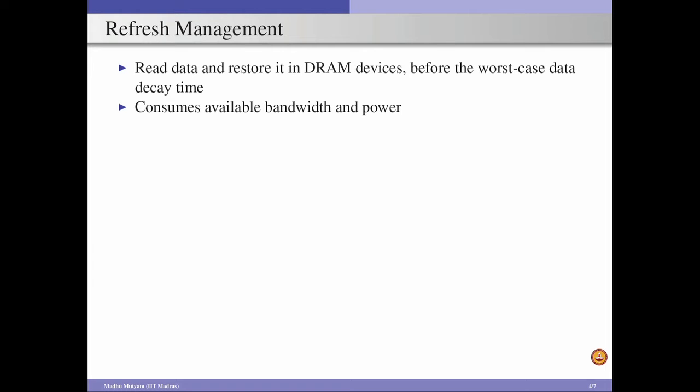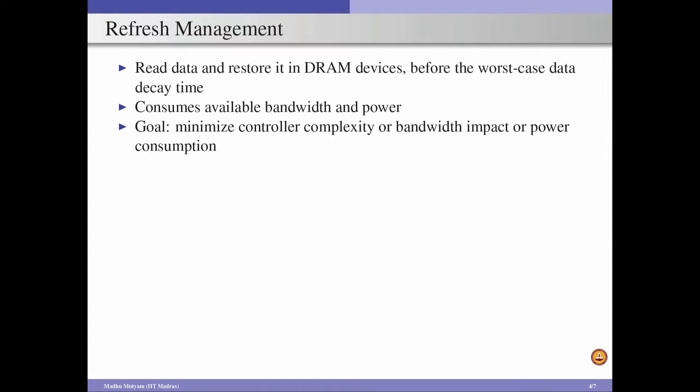So as a result, the refresh mechanism is an important thing to deal with, and we need to come up with an efficient mechanism to minimize the overheads associated with this bandwidth loss and the power consumption. In order to minimize the impact of the refresh on the bandwidth or the power consumption, or in order to come up with a simple memory controller design, we need to come up with efficient refresh mechanisms.